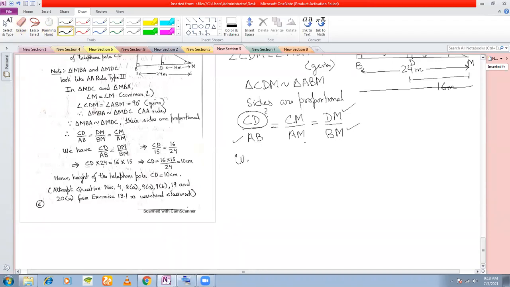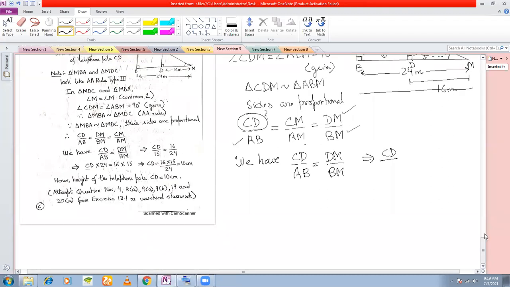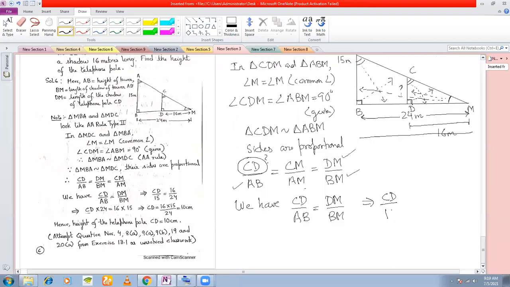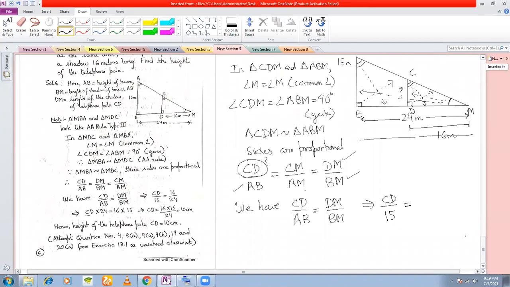So we have CD by AB is equal to DM by BM. The length of AB here is 15. And the length of DM here is 16.